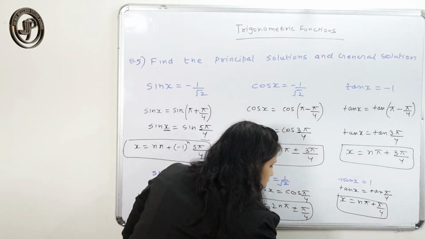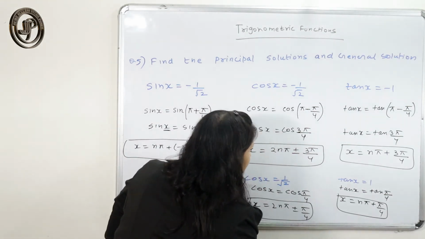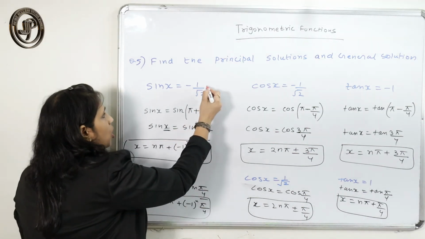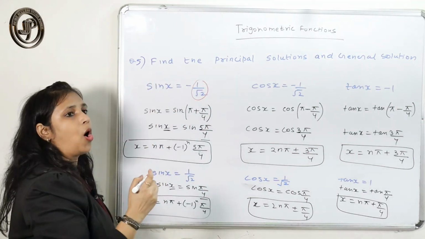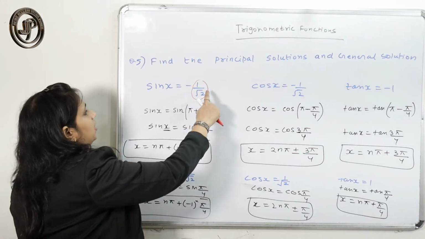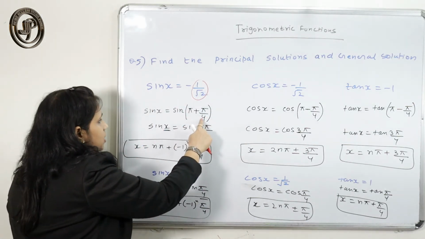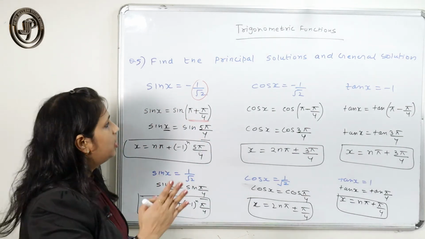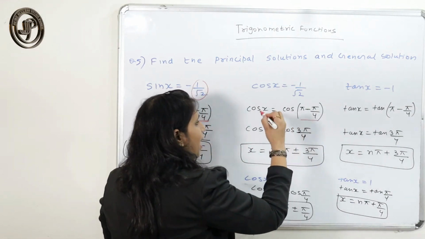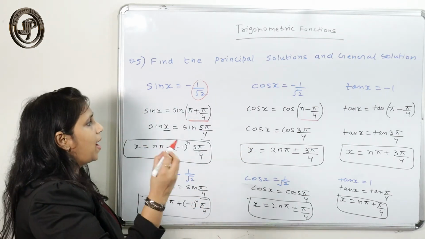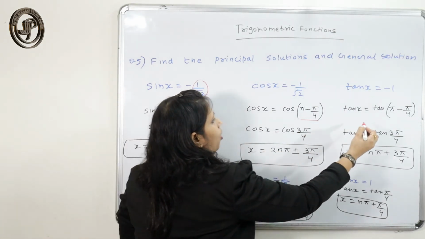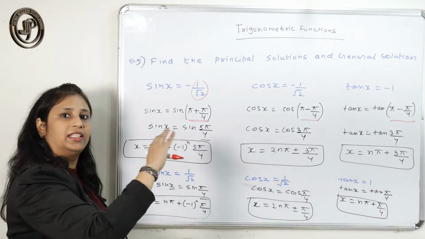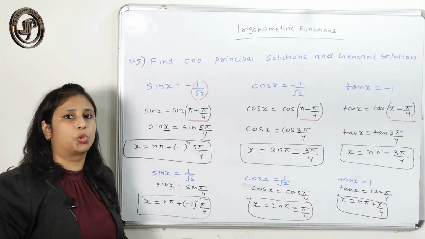If your sign is coming negative, then in order to make sign negative, you have to find on what angle this value exists. So write this value, and in sine use pi plus, in cos use pi minus theta or pi minus x, and in tan also pi minus x. So if you memorize it this way, now your question becomes much easier.